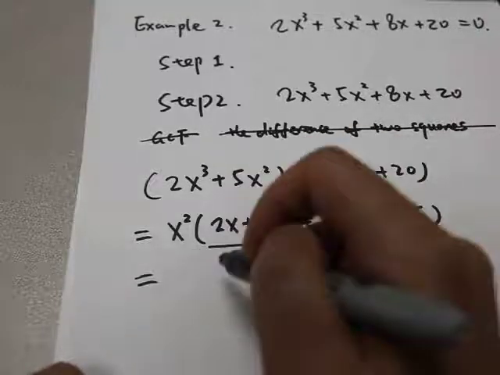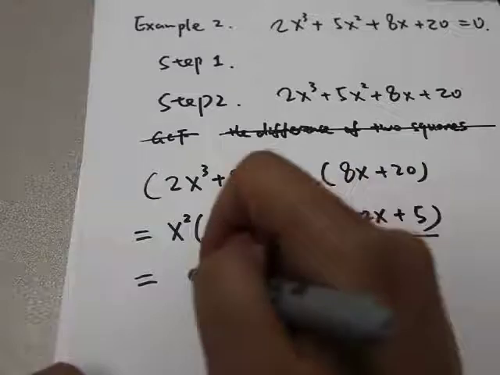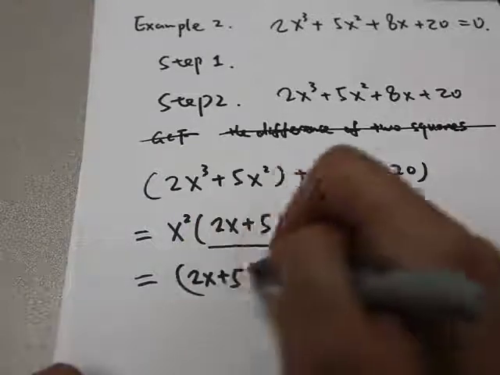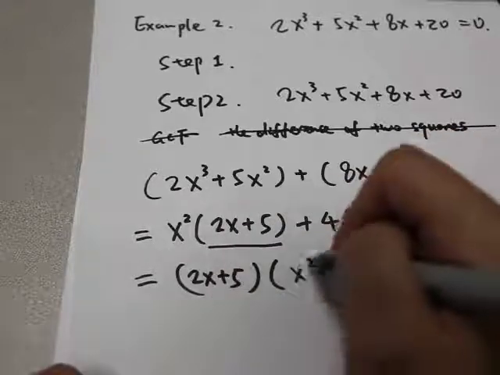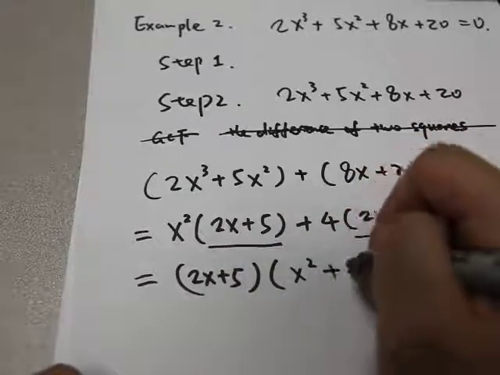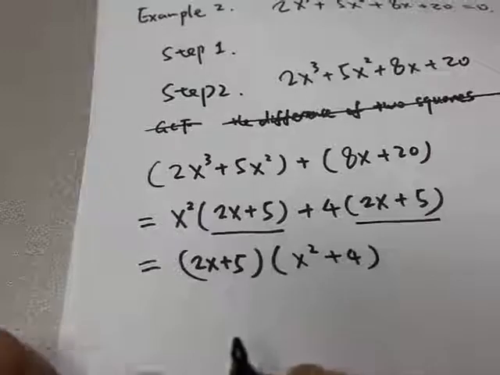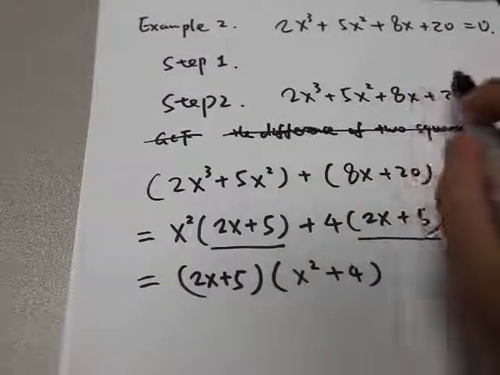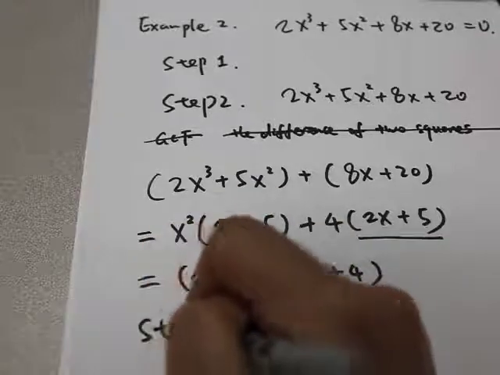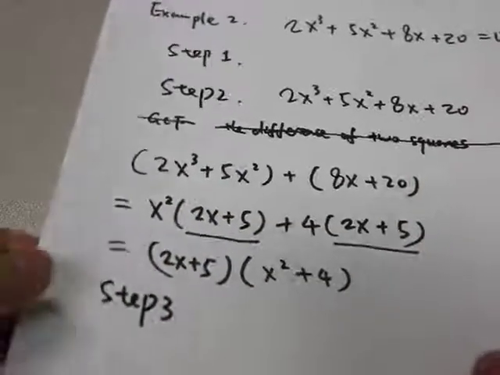Next, we factor out 2x plus 5. And here we are left with x squared, and here we are left with 4.